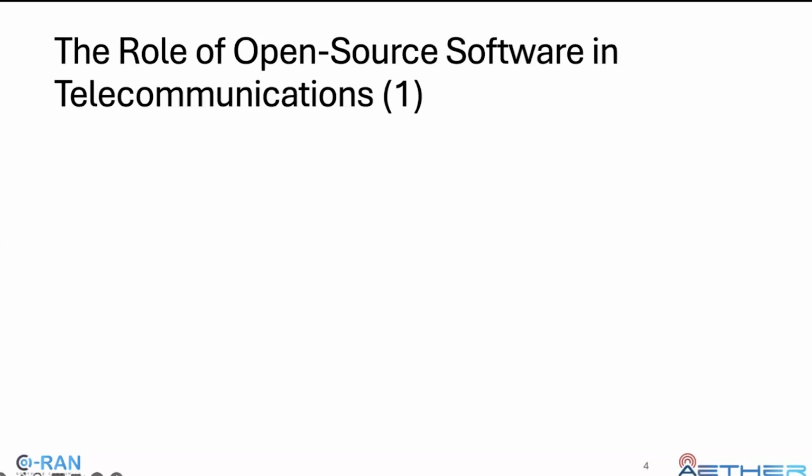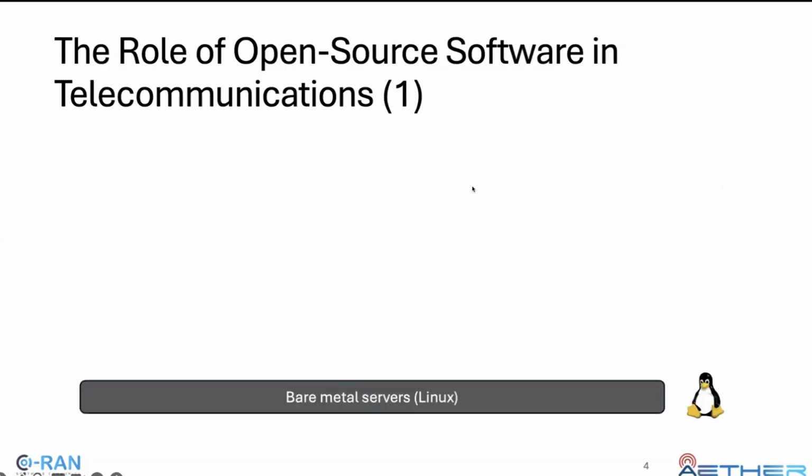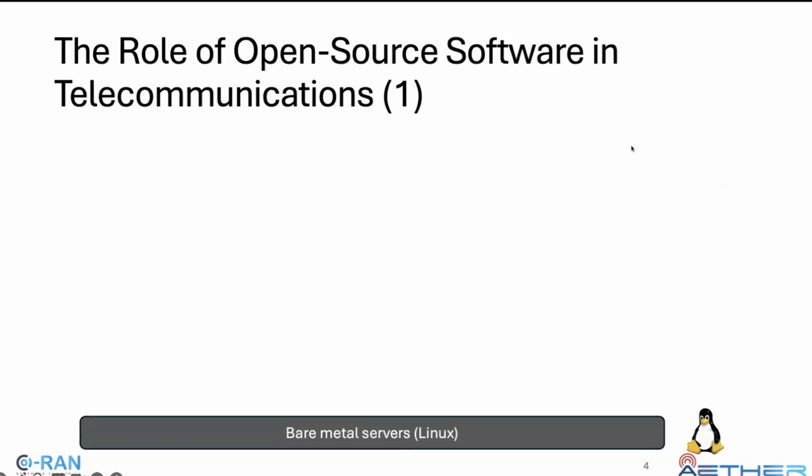So what is the role of open source software in telecommunications? It has a long history in telecommunications, of course, starting with Linux as the foundation for many telecom systems due to its robustness, flexibility, and security features. Linux became the de facto operating system for many telecom servers and network functions due to its stability and wide range of supported hardware.